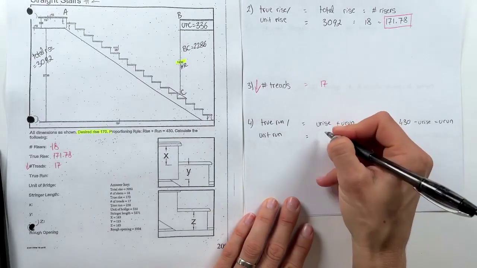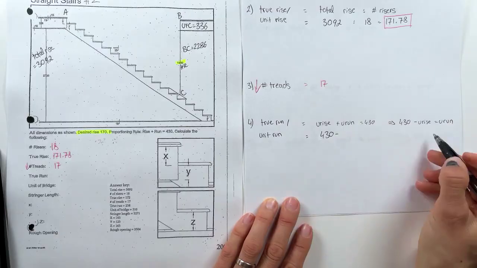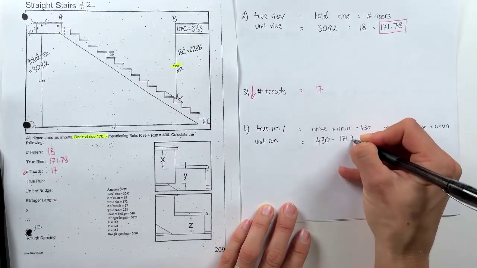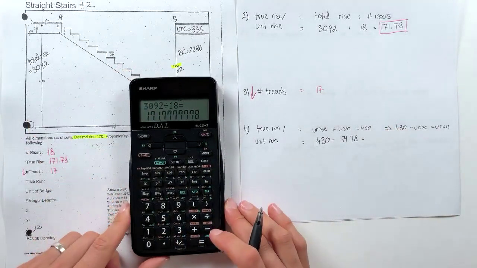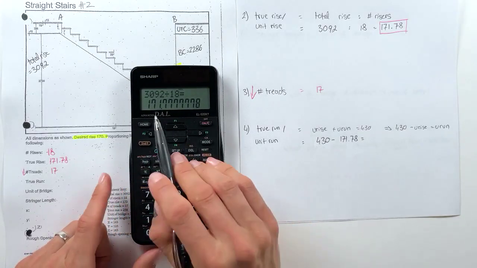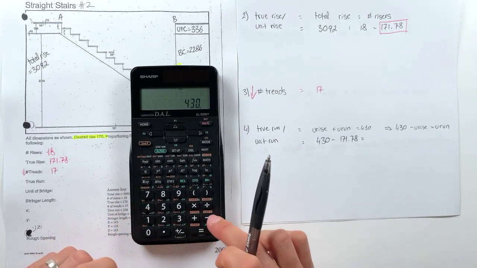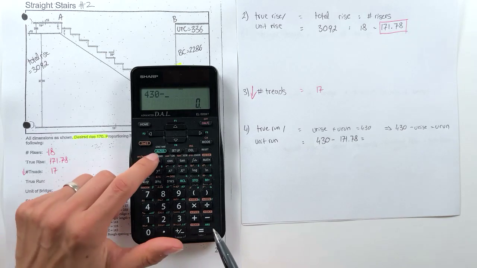So let's pop in some numbers here. 430 is given to us. 430 minus our unit rise, it's right here, 171.78 will get us the unit run. If you have this kind of calculator, this is our unit rise, right? We still have the number in here, so we can just pop in 430 minus, and you see the ANS symbol right here in green, and you see that alpha button.